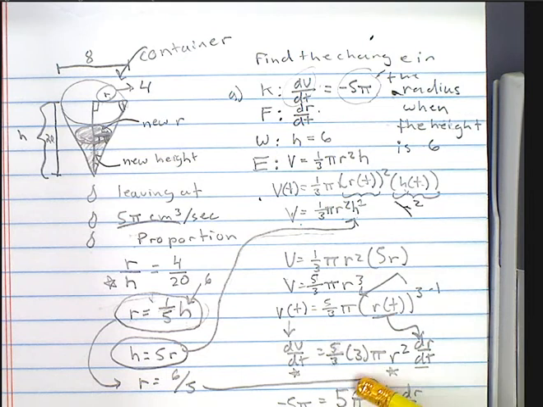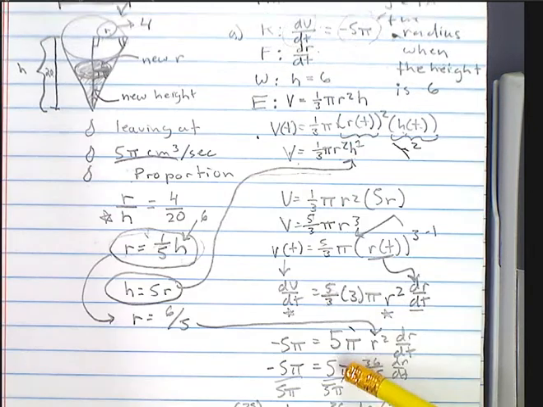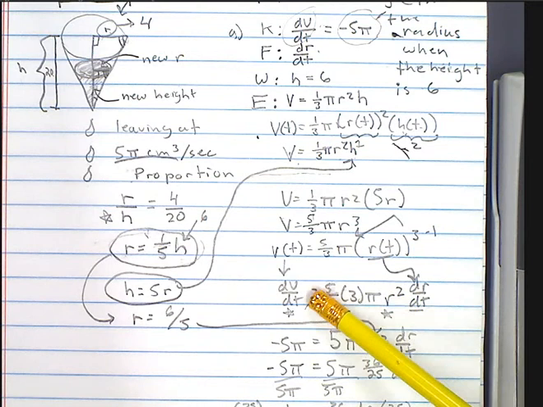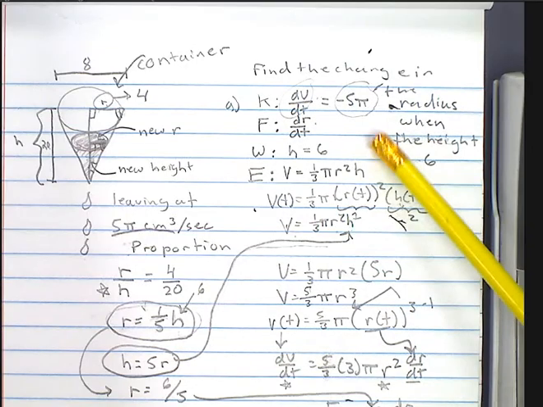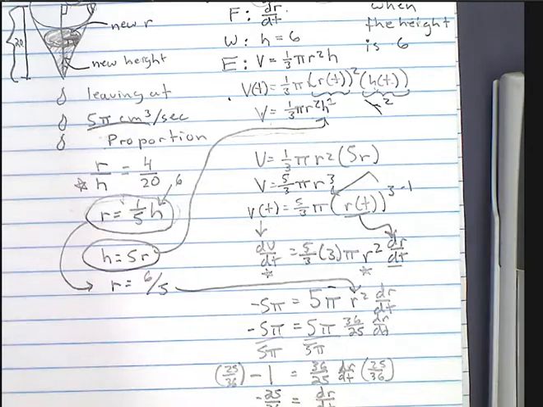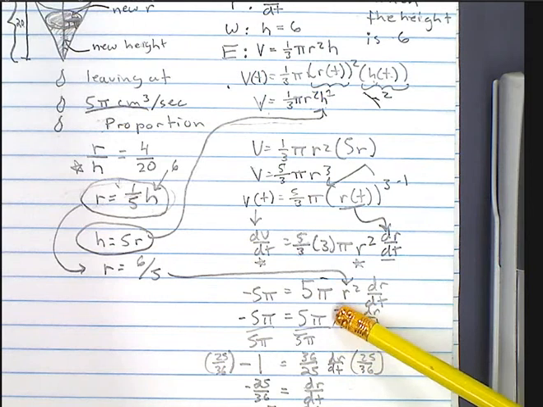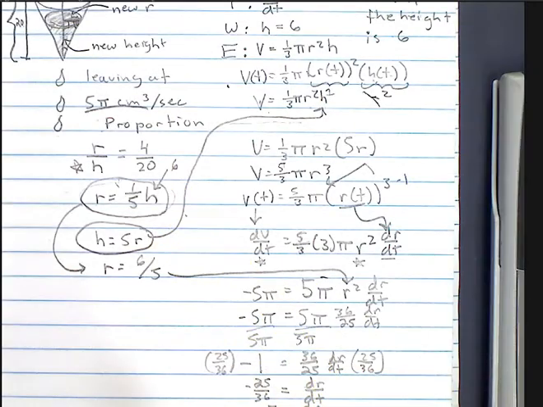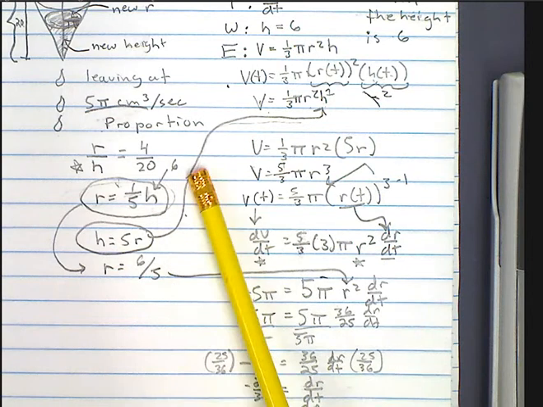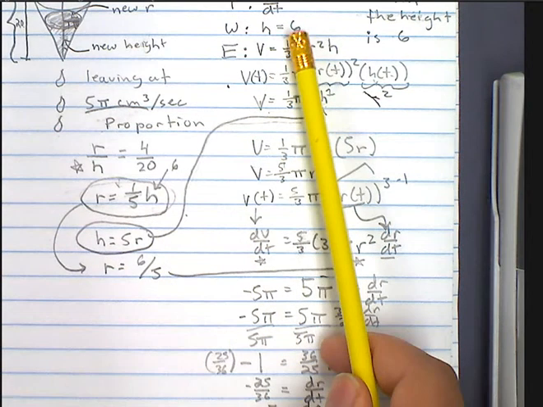Once I had my derivative, I needed a couple things. I needed dv dt and r. Well, dv dt was a given, so dv dt was up here. But r was not. But I just looked back through these equations to find r, and I did, and I substituted what I knew h was, and that gave me r.